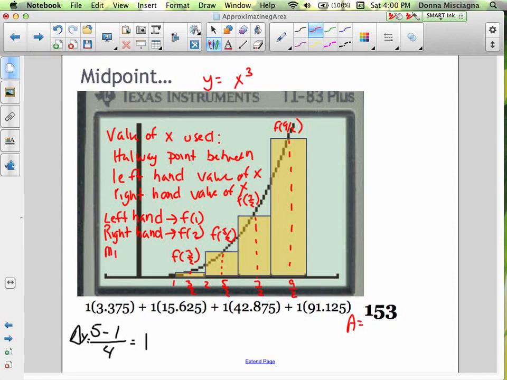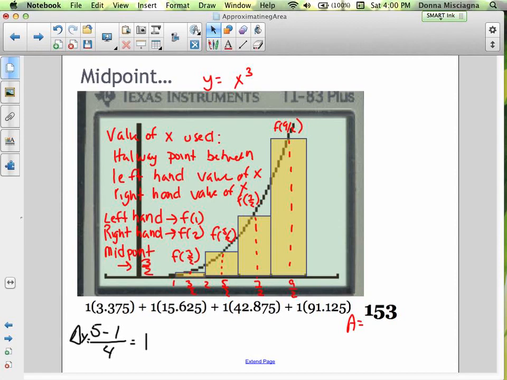So the midpoint used halfway, 3 halves. Okay? That's what I wanted to say. I had to figure out the most eloquent way to say it. So it's the value of x that we're using is halfway between what we would have used for the left-hand side and the right-hand side. It's the value right in the middle of the bar.